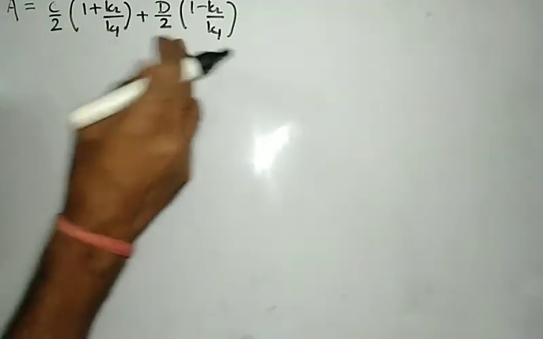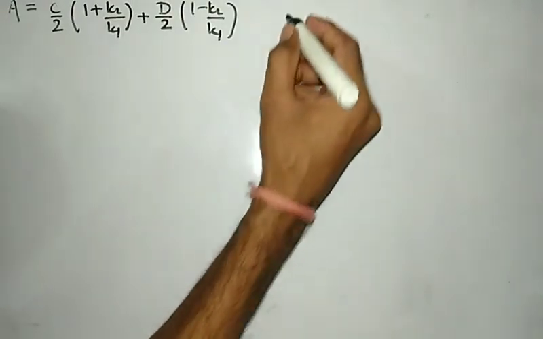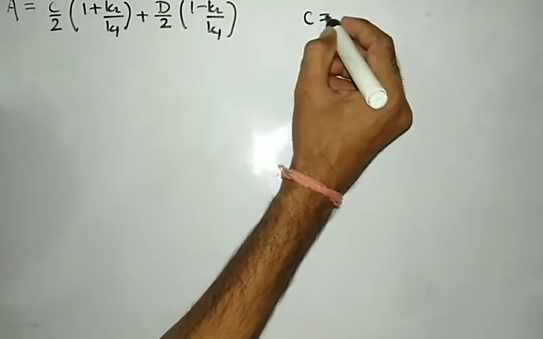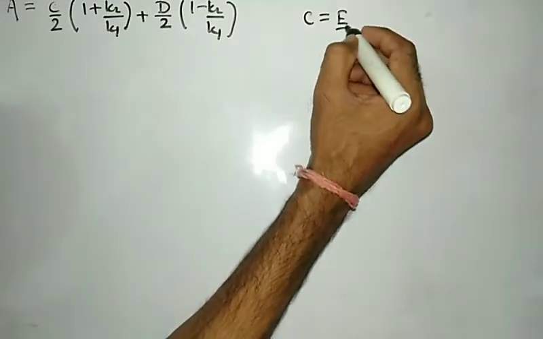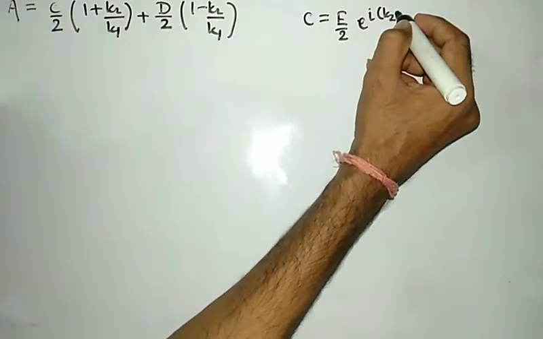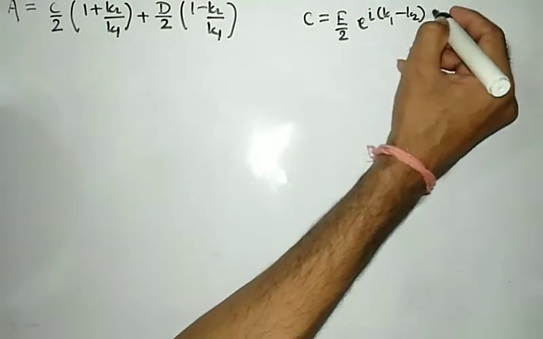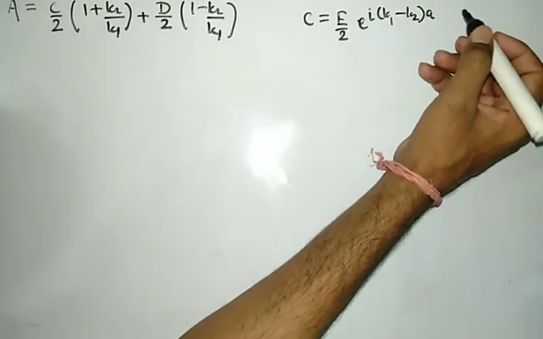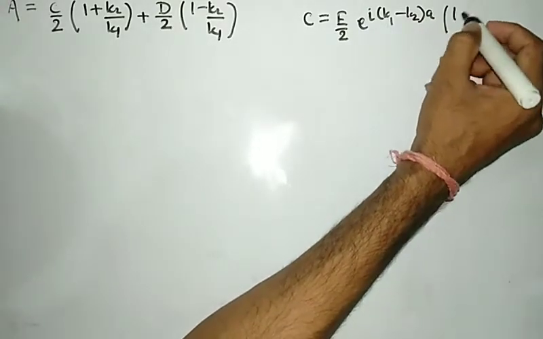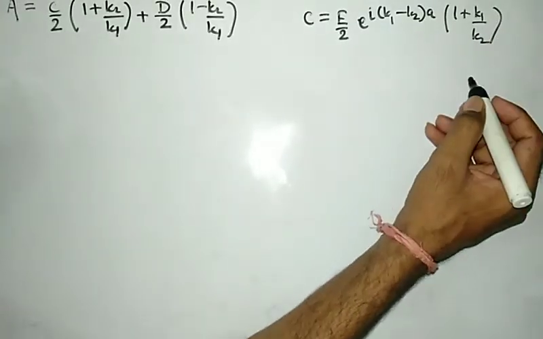Now what is c and d? The value of c was found to be e by 2 e to the power i (k1 minus k2) a, (1 plus k1 upon k2).